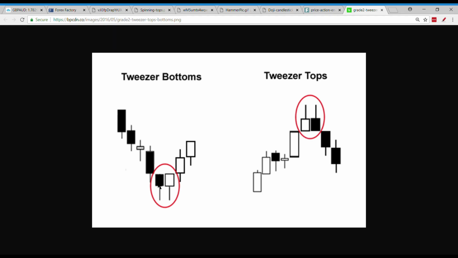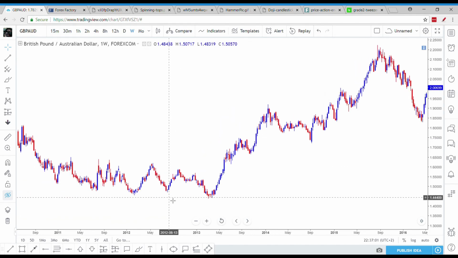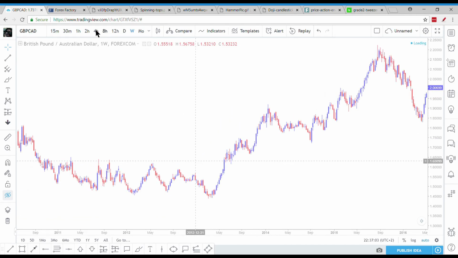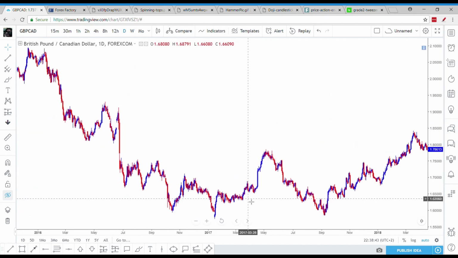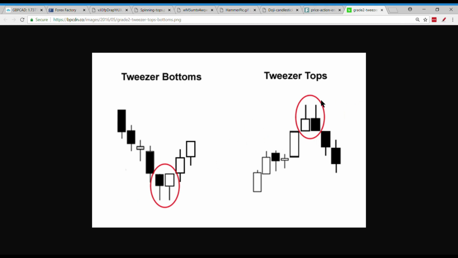So in this case, you can see that's a bearish candle, the black one, followed by a bullish candle, and it's a bullish candle followed by a bearish one. I don't think we'll see one on pound Aussie weekly, probably not. Okay, well, I've been looking for tweezers in the markets quickly. I can't find any. But basically I think you get the picture of the tweezers.